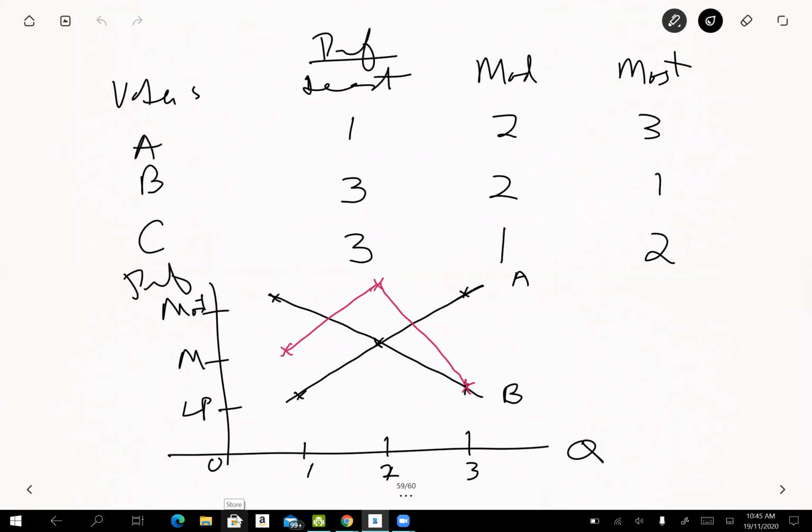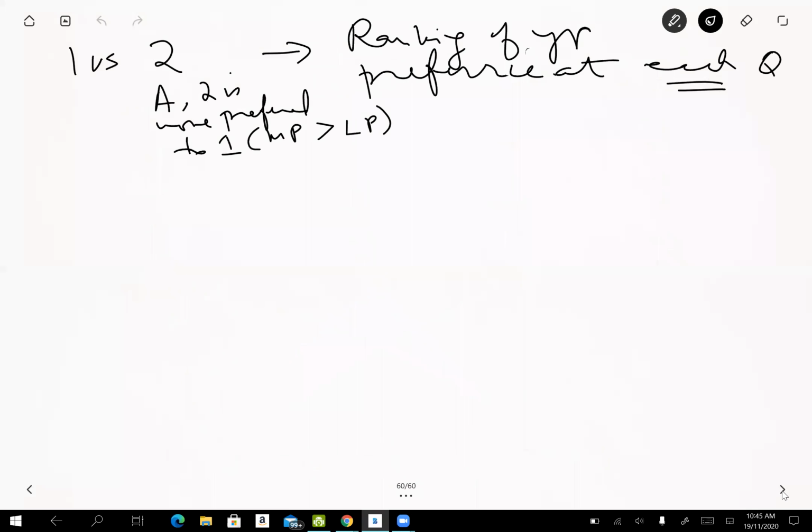He will vote for 1, because 1 is more preferred to him than 2. His most preferred is 1, and 2 is moderately preferred. So B will vote 1, because 1 is his most preferred choice, which is better than a moderately preferred choice.